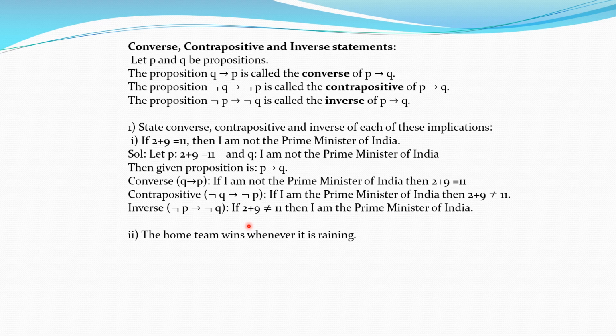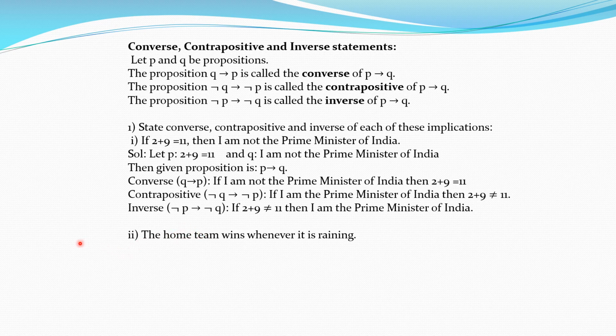Now, second is: the home team wins whenever it is raining. Such a statement is quite confusing because generally students take the first part as P and the second part as Q. But instead of using if then words here, it is written as the home team wins whenever it is raining. Now the word whenever is the same as if.